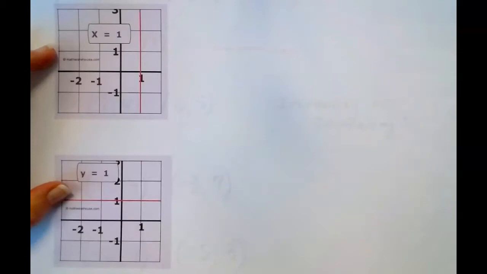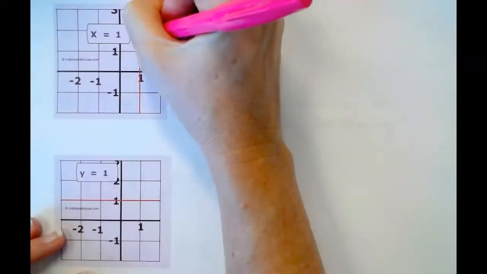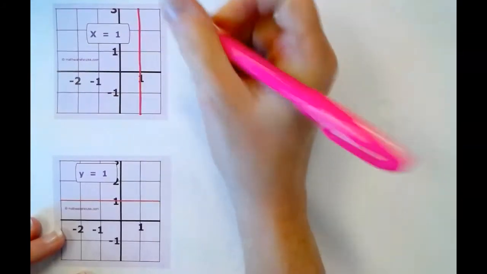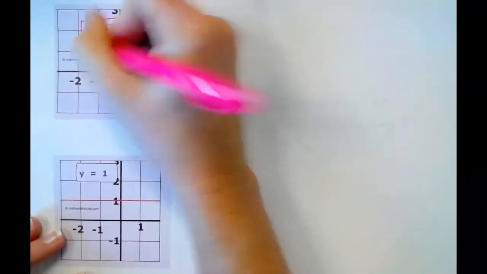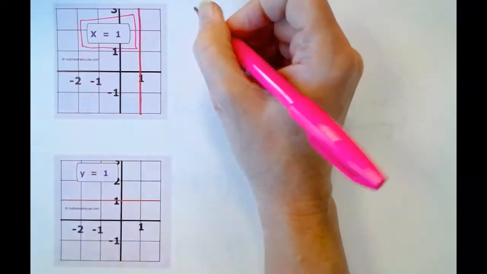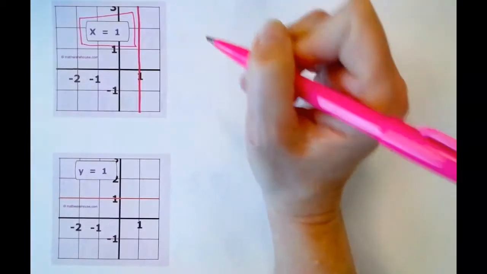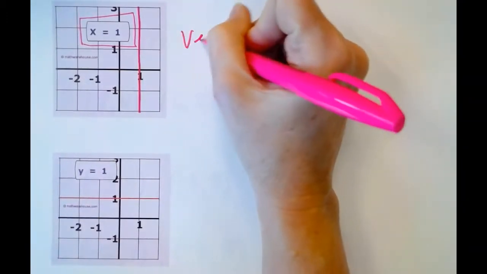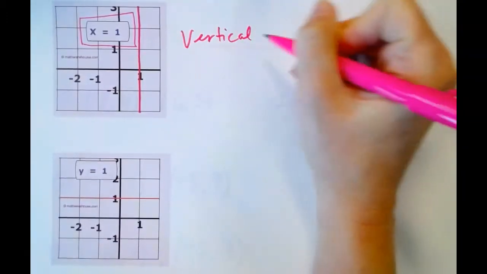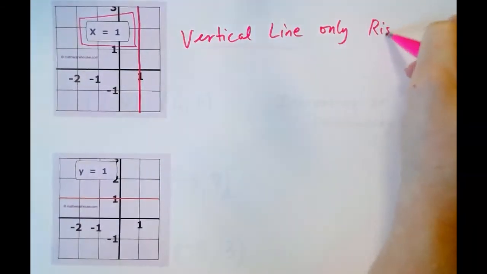Now, 2 last very special lines. Here is a vertical line. It is a vertical line that has an equation of x equals 1. Now, if we think about this vertical line in terms of rising and running, a vertical line only rises.